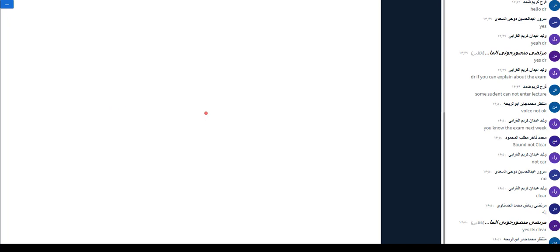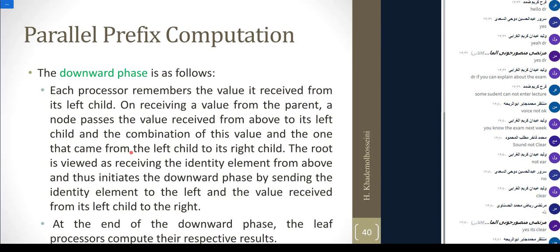On receiving a value from the parent, a node passes the value received from above to its left child, and the combination of this value and the one that came from the left child to the right child.